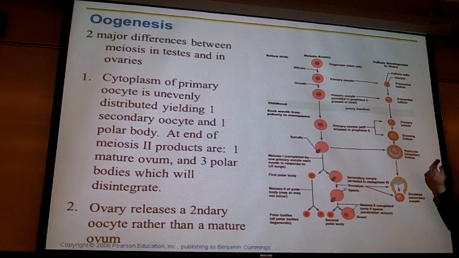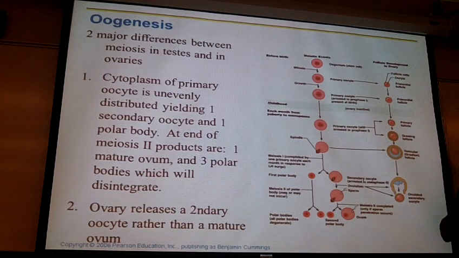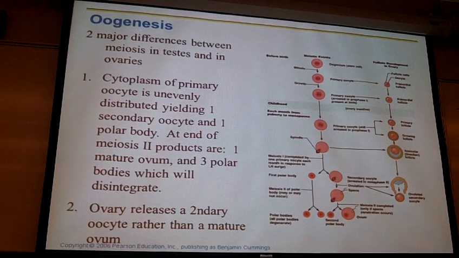Tertiary follicles are also called Graafian follicles or mature follicles. Those are going to be the ones that rupture on day 14 under the influence of LH, luteinizing hormone.